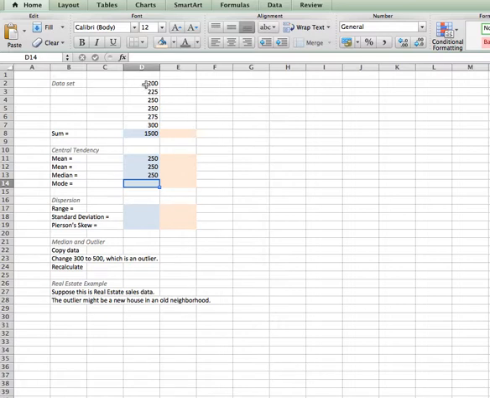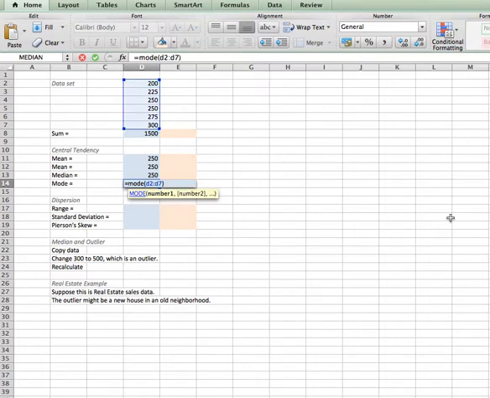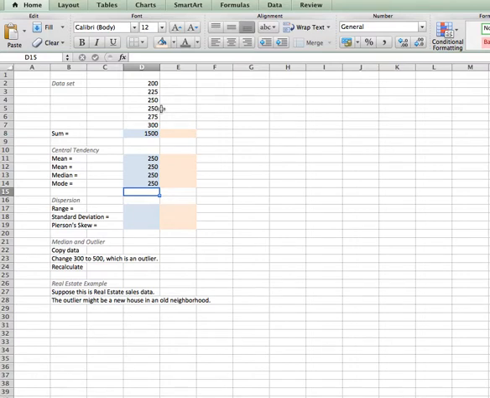As we look up here, we see the data is already ordered from smallest to largest, and the middle value is in fact 250. And let's use Excel's function for calculating mode. And that gives us 250. And as we look up here, we see that's because 250 is the most commonly occurring value in our data set.